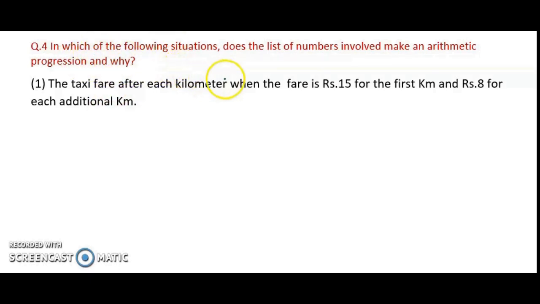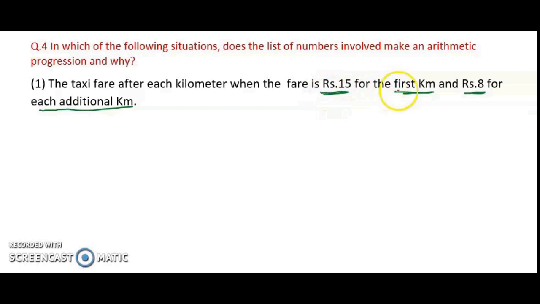Here, in the following situations, we have to check whether the numbers involved make an arithmetic progression or not, and we have to give the reason. So let's check the first problem here. The taxi fare after each kilometer, when the fare is rupees 15 for the first kilometer and rupees 8 for each additional kilometer.